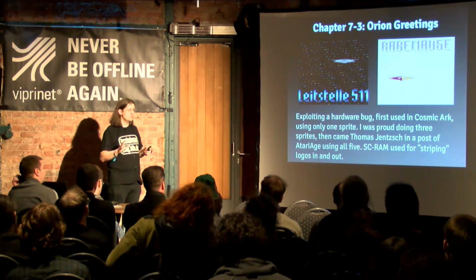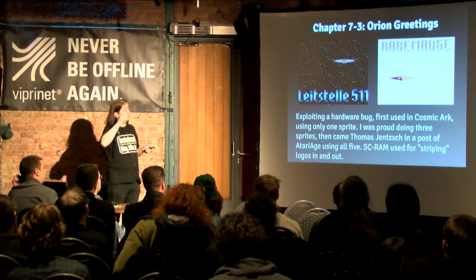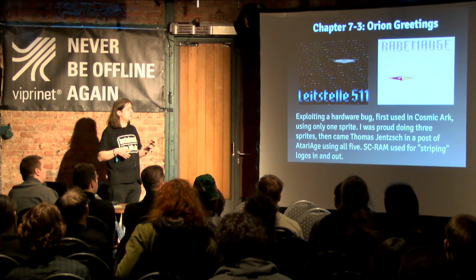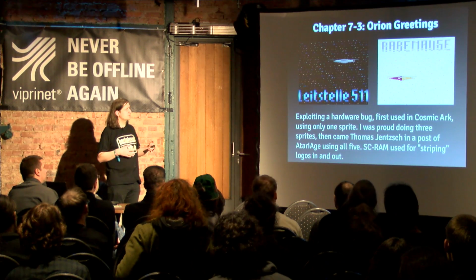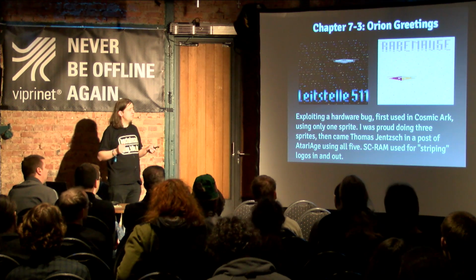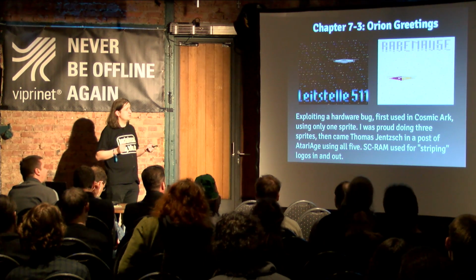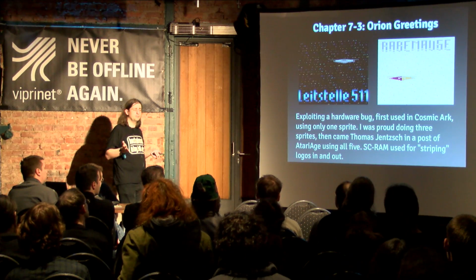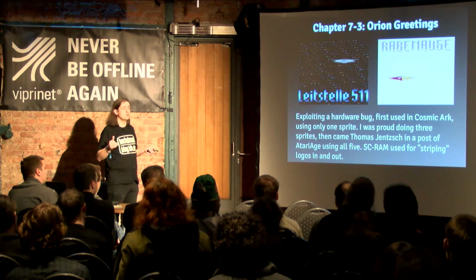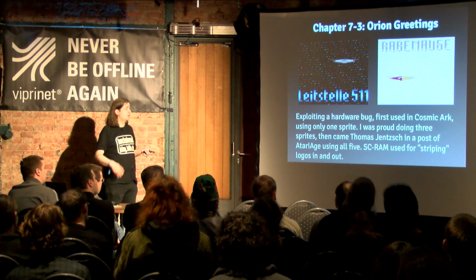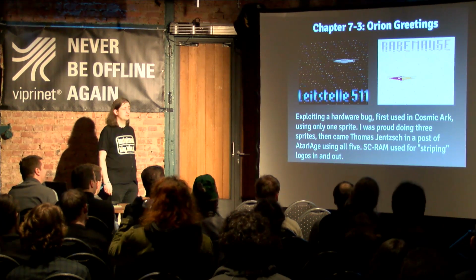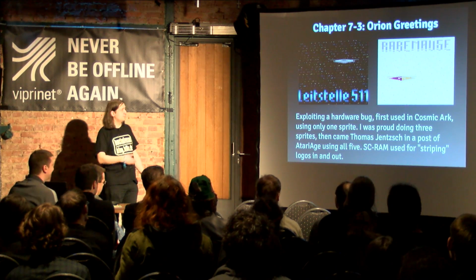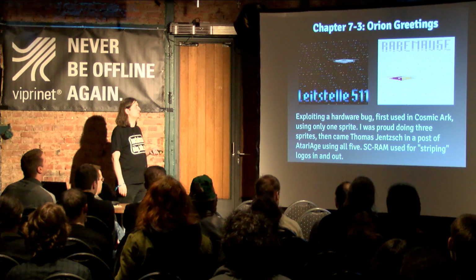It wasn't really good to read from the assembly, so I decided that I would write a small cartridge where I can fool around with the parameters and see in more detail what's triggering this. And I figured out that I could do 3 sprites at once. The original cartridge, Cosmic Ark, the original game, could only do 1. I could do 3, and I was really proud. And then Thomas Jentzsch came along at AtariAge and showed it with all 5. Thank you. And that was about 3 months before I released my demo.